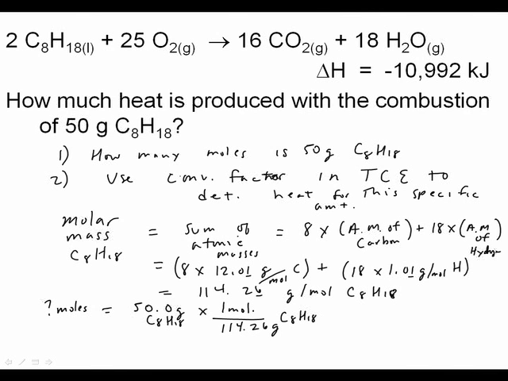And of course we can always do that, which I find very exciting, being able to put a mole there, cancel. It's kind of like cleaning house. And I will find that I have 0.4376 moles of C8H18.